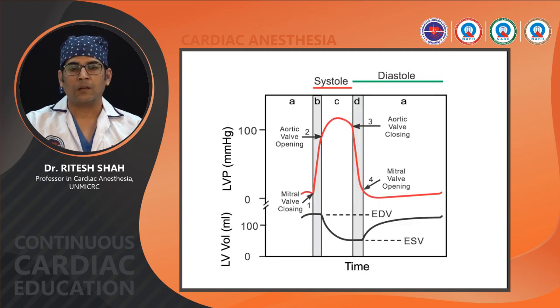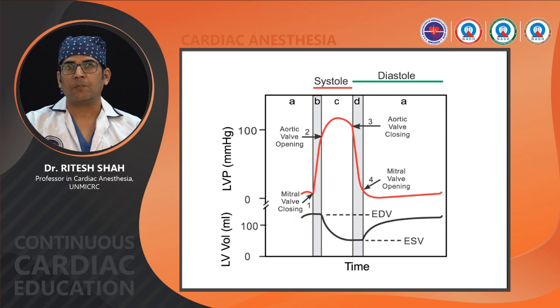So in this classical example of the cardiac cycle by Vickers, we have taken only LV pressure and LV volume against time, and can see different phases of the cardiac cycle in systole as well as in diastole. Phase A represents LV filling.